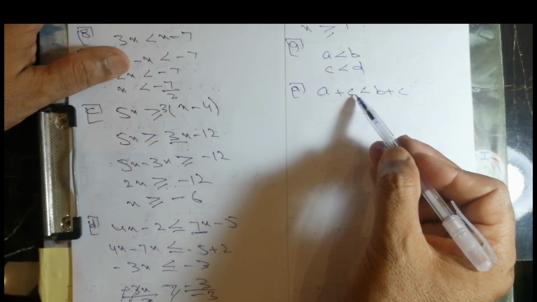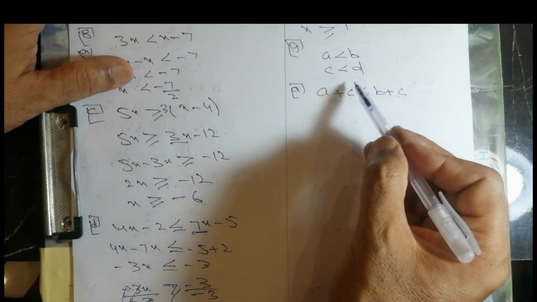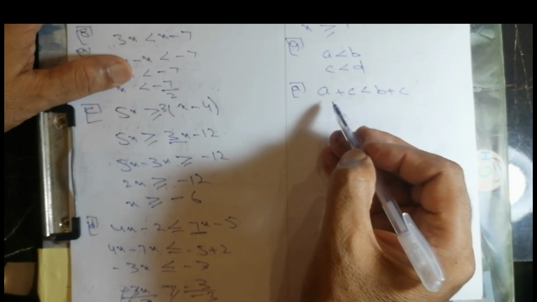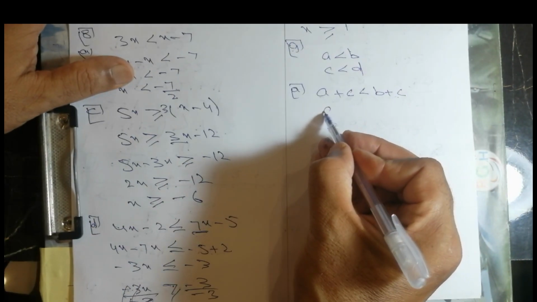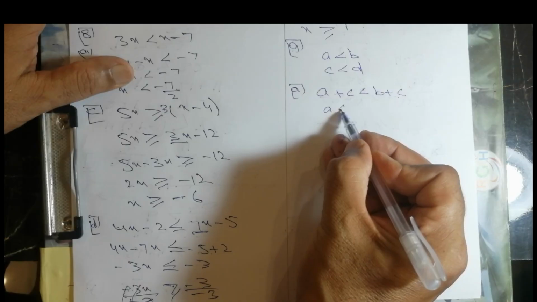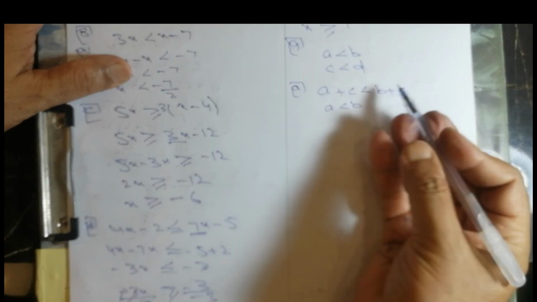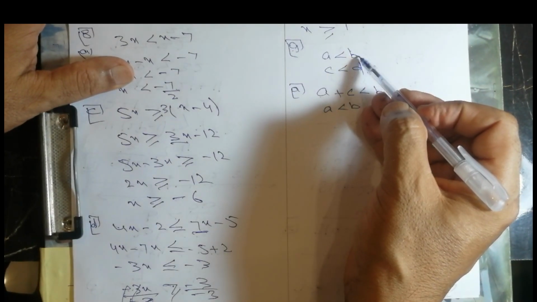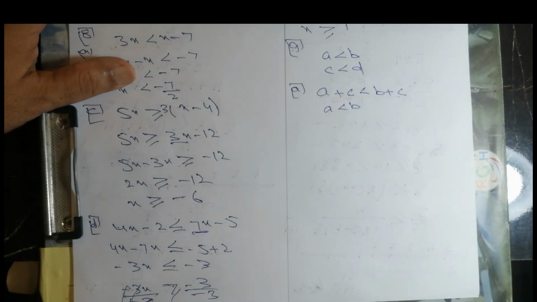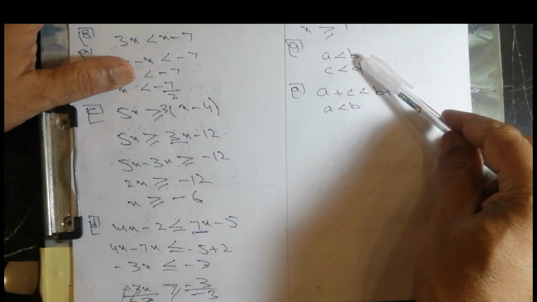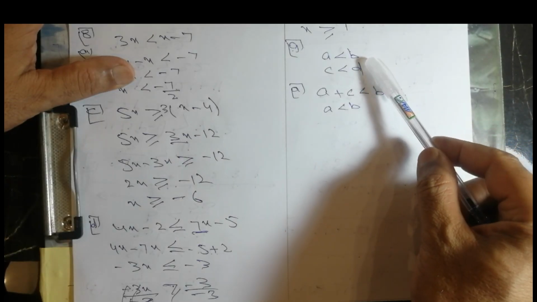We can subtract C from both sides, so what is left behind is A less than B. We can write this, A less than B. As per the question, this is true, so this is always true, because the condition is satisfied as per the given conditions.